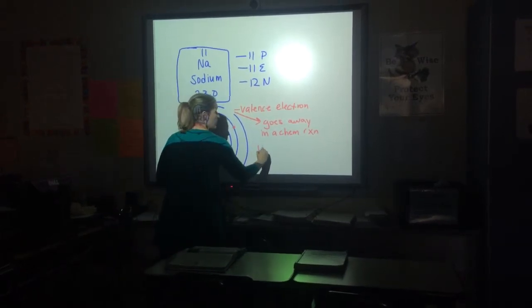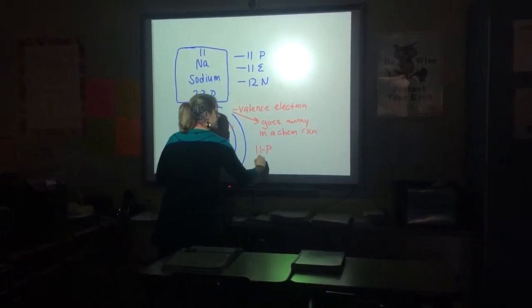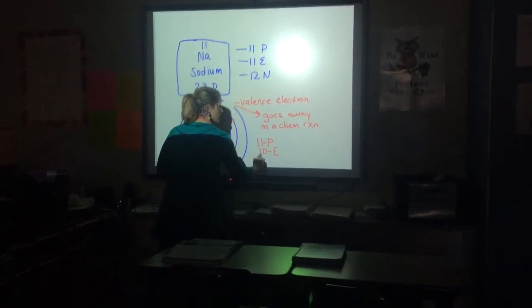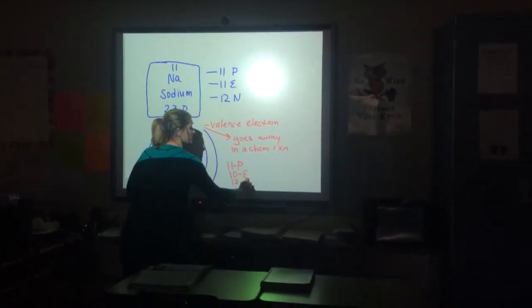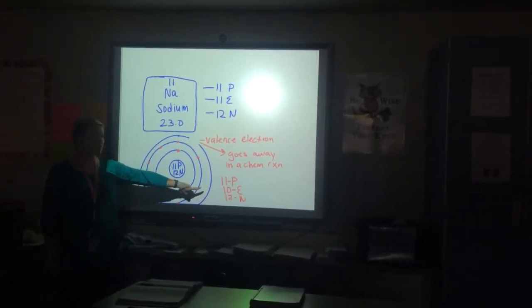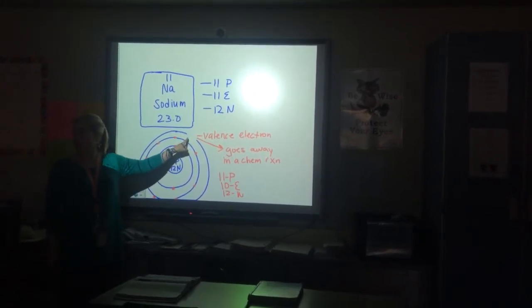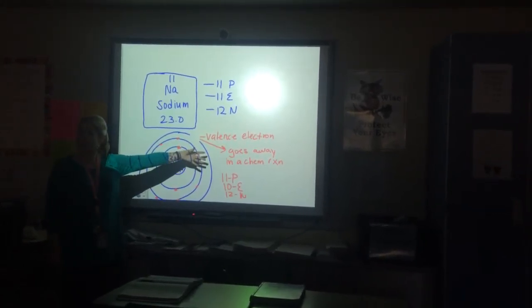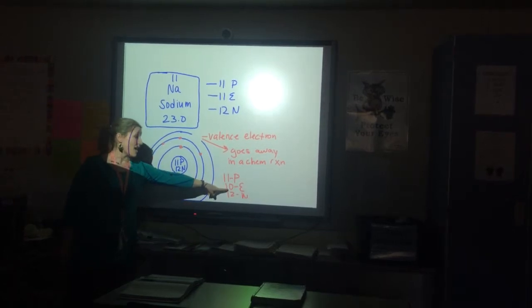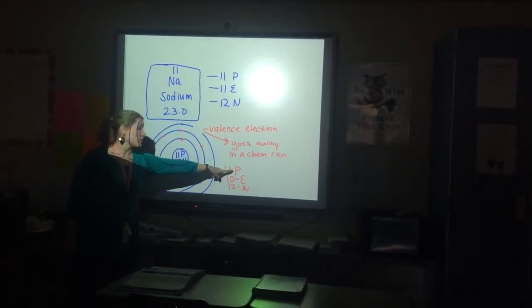It has 11 protons, 10 electrons and 12 neutrons. So you can see here that because it lost that one out there in the outer ring during a chemical reaction, it now has 10 electrons, 11 protons.